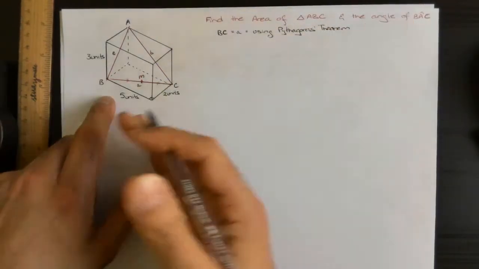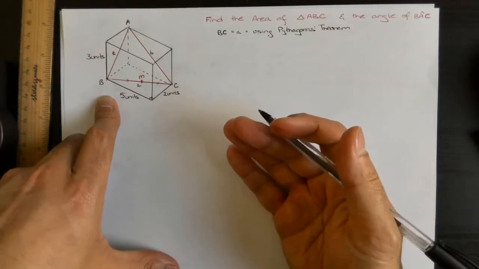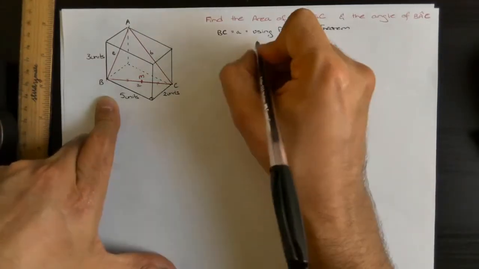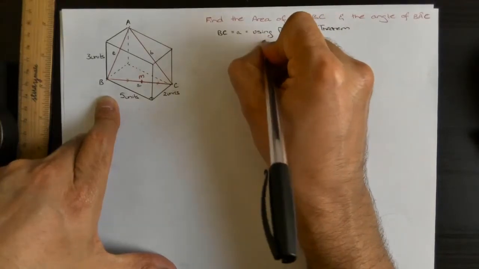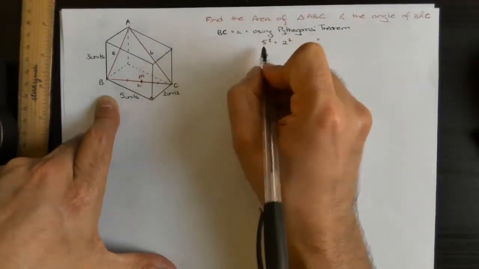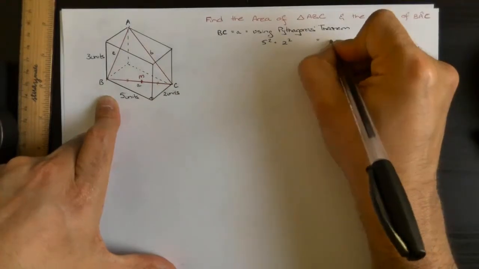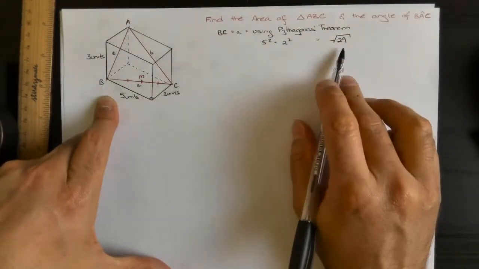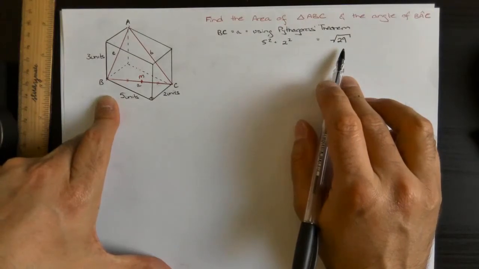This is the diagonal of the base of the rectangular prism. So I've just got 5 squared plus 2 squared, that's 25 plus 4 is 29. So BC is going to be the square root of 29.